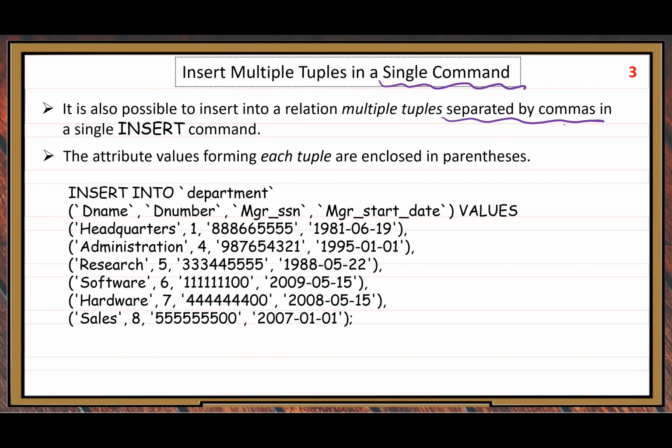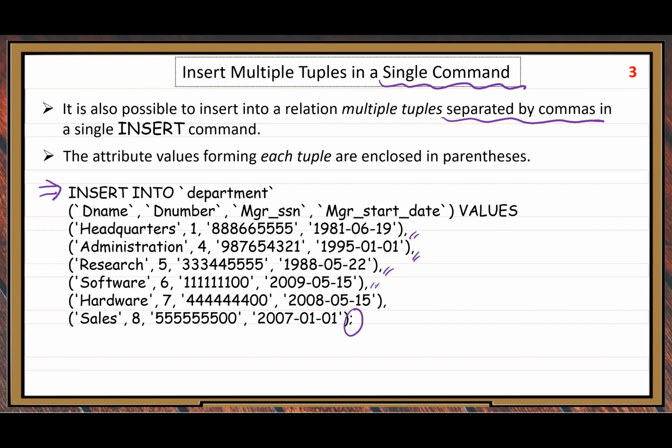Look at this example. Although we use multiple lines, you can see this is one single insert statement, because you write this insert into only once, and at the end you only have one semicolon. That means one insert statement. In the middle, you have many rows, but you use commas to separate those rows. That's simple.